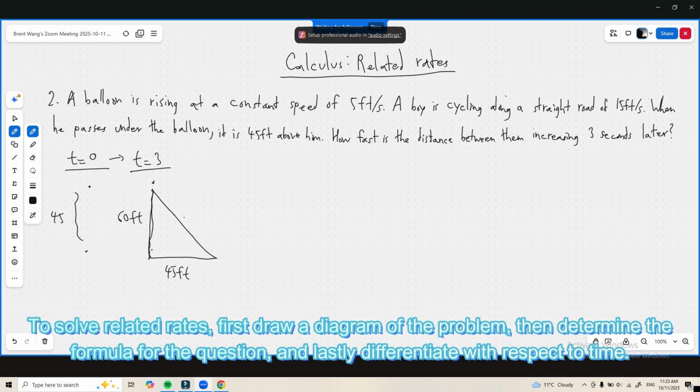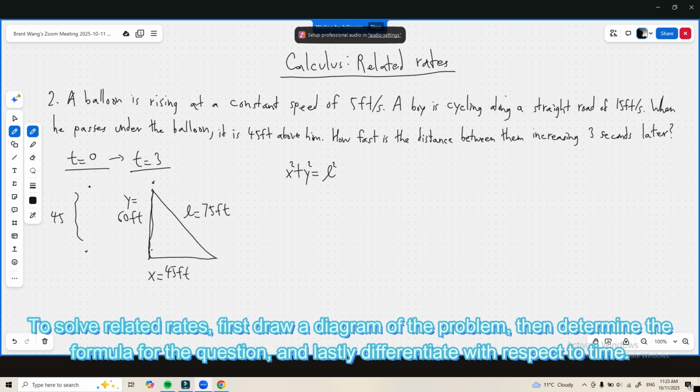I'm going to use L as a variable. Using the Pythagorean theorem, you'll realize that this is 75 feet distance. So we need to use the Pythagorean theorem. x squared plus y squared is equal to L squared. x is this right here. y is this vertical distance right here.